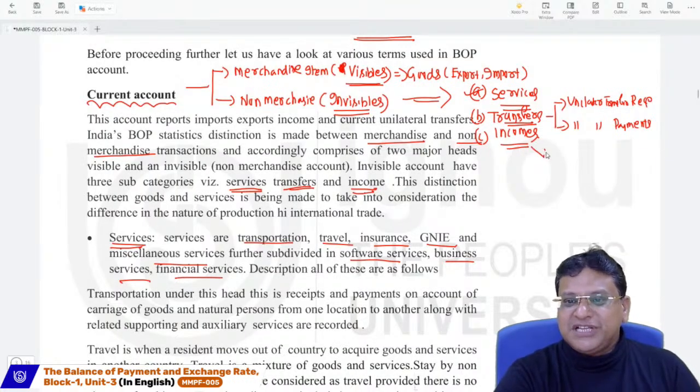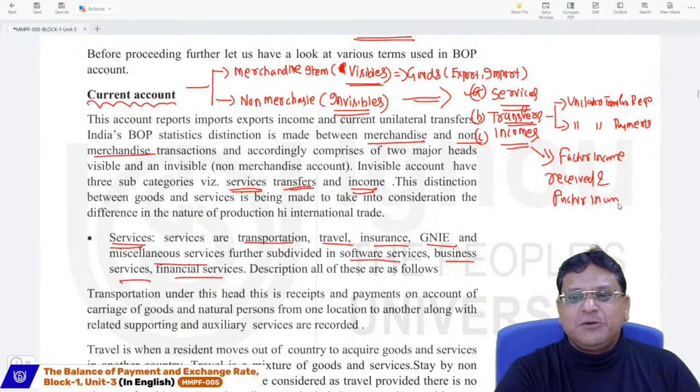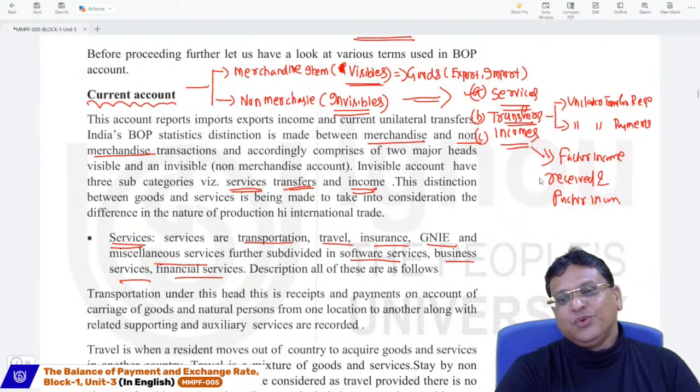Then incomes. These incomes are factor incomes: factor income received and factor income paid. Factor incomes are incomes from foreign assets. We will discuss how foreign assets income received, foreign assets income paid.